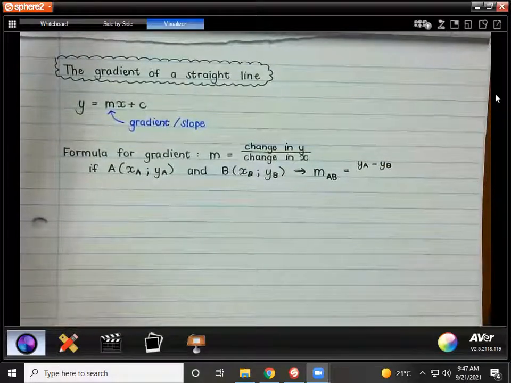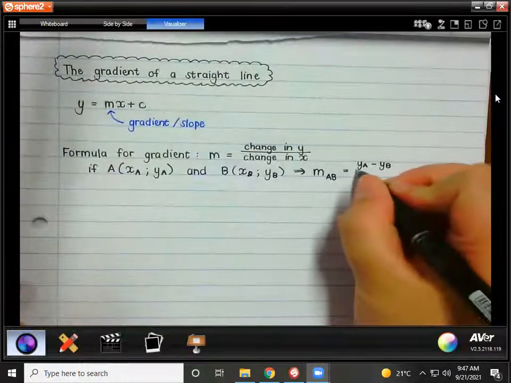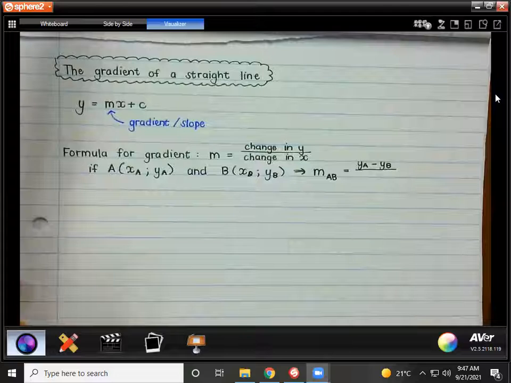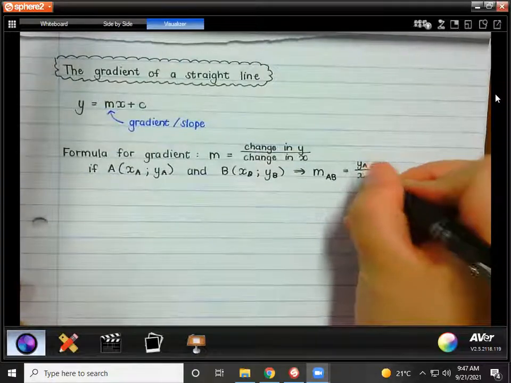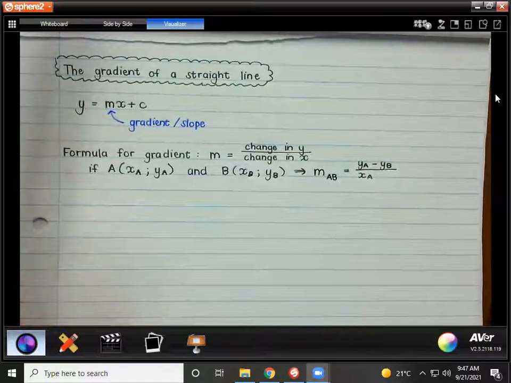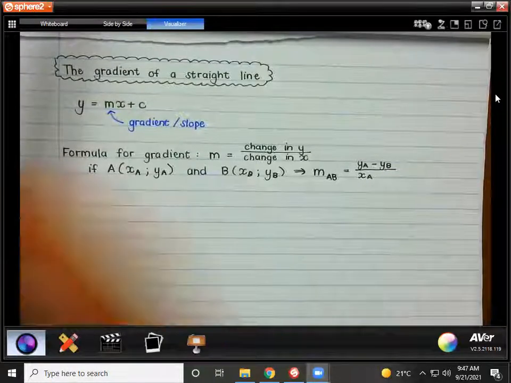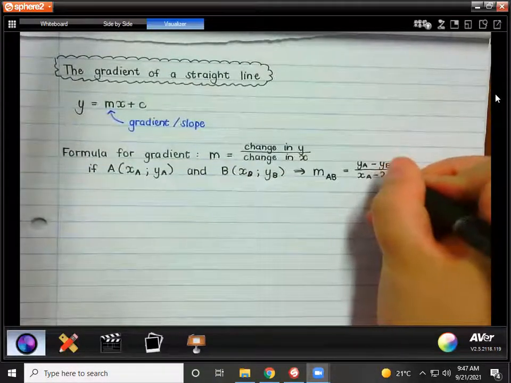We're always going to take one y value, so the y value of 1 point, and we're going to subtract the y value of the other point. Then we have to divide that by the x value of that same first point. All right, so if we took the y value of point A and we minus the y value of point B, we have to do the same with the x values. We have to do the x value of A and then minus the x value of B as well.